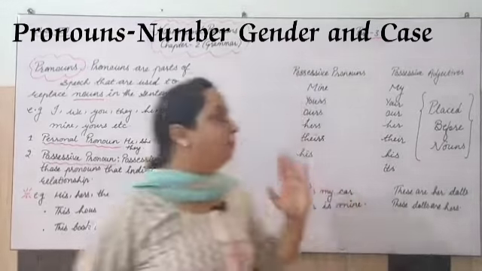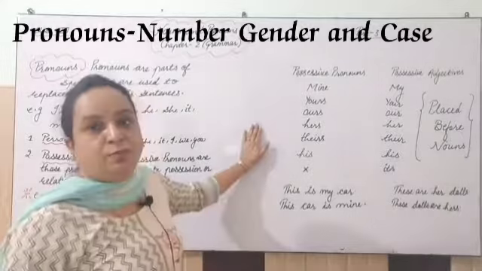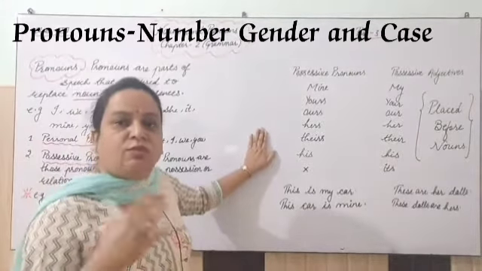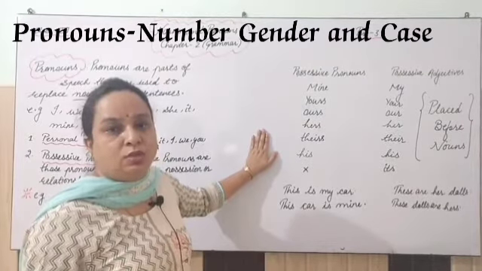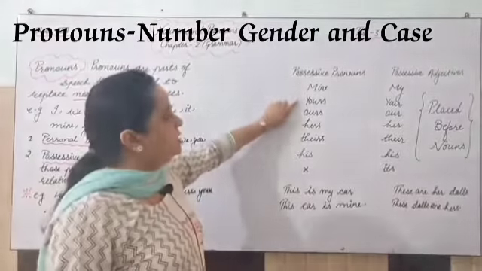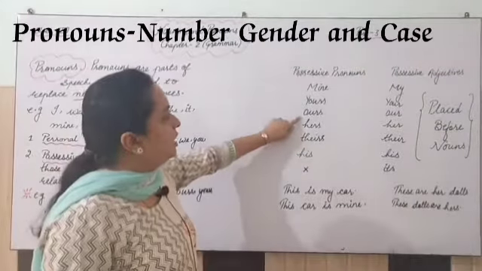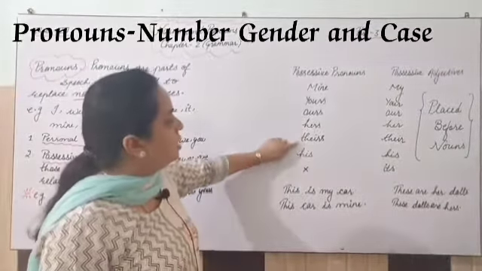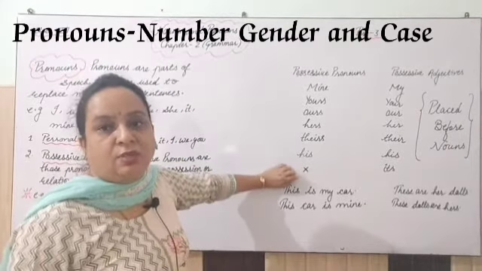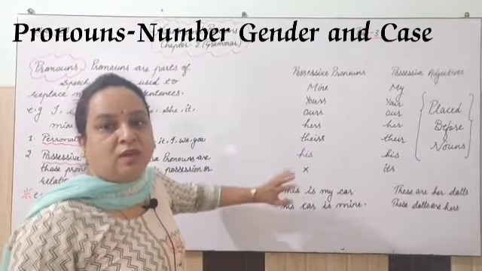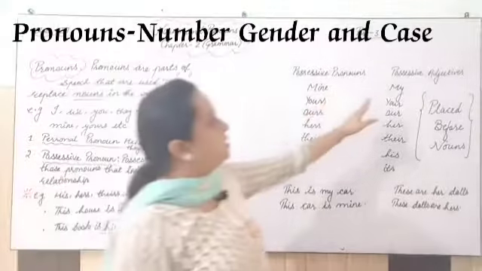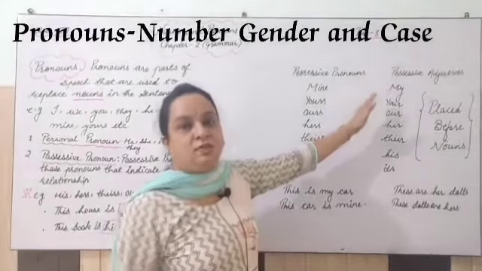When we look at the difference between possessive pronouns and possessive adjectives, the possessive pronouns are mine, yours, ours, hers, theirs, and his, and it does not have any possessive pronoun, so I have not mentioned it in this list. In this column I have written possessive adjectives.